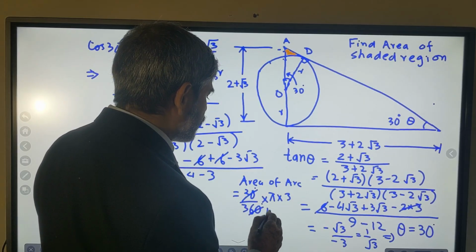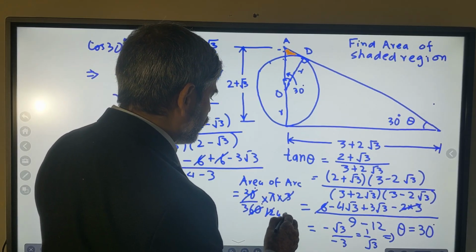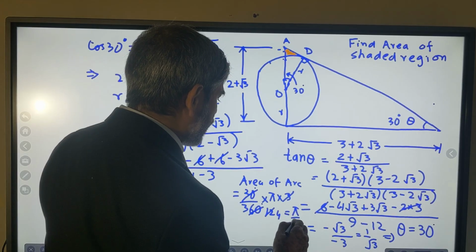The 3 cancels, 360 becomes 12 and this becomes 4. So the area of this arc is pi by 4.